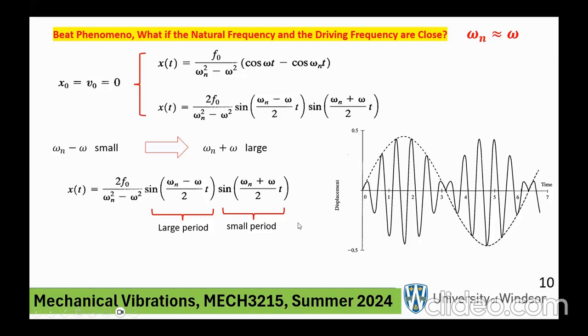So let me put it this way. The second term is responsible, because look, the frequency is large compared to that. The second term is responsible for these spikes. And the first term is responsible for this slow variation, because it has a large period.